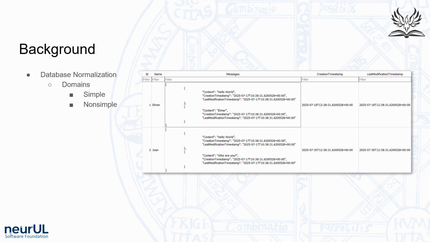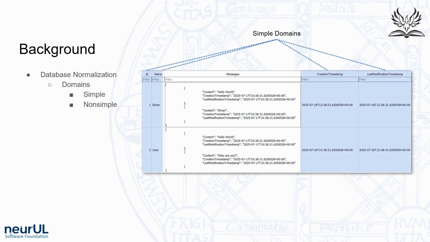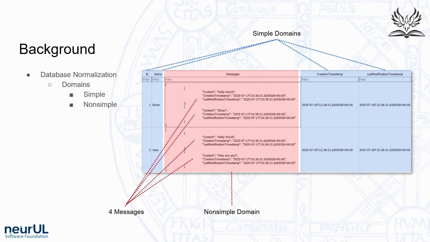For example, in the table shown, we have columns containing simple domains or atomic data, such as ID, name, creation timestamp, and last modification timestamp. On the other hand, the column messages is a non-simple domain as it contains compound data represented by multiple messages within each row.